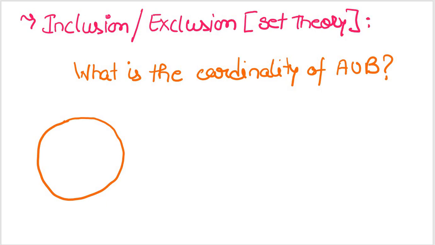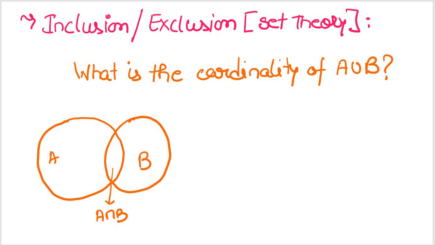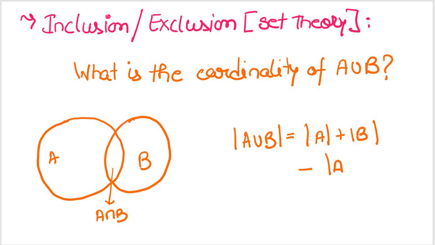Suppose I have this as A, I have this as B, so this portion is A intersection B. So my cardinality of A union B will be cardinality of A plus cardinality of B minus cardinality of A intersection B. See, once again, it's very simple.